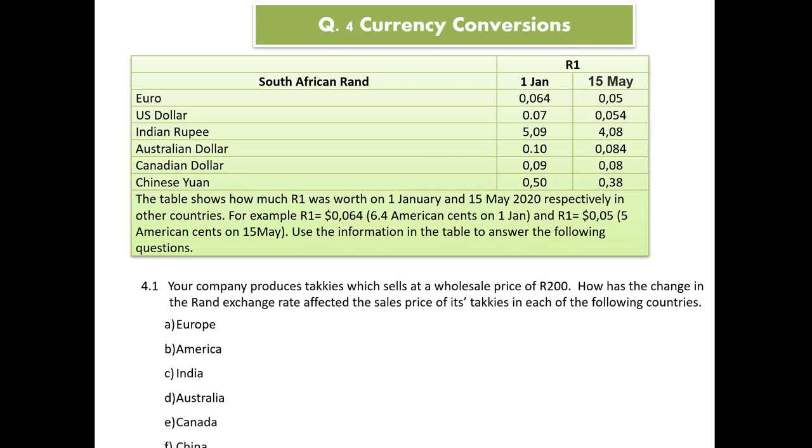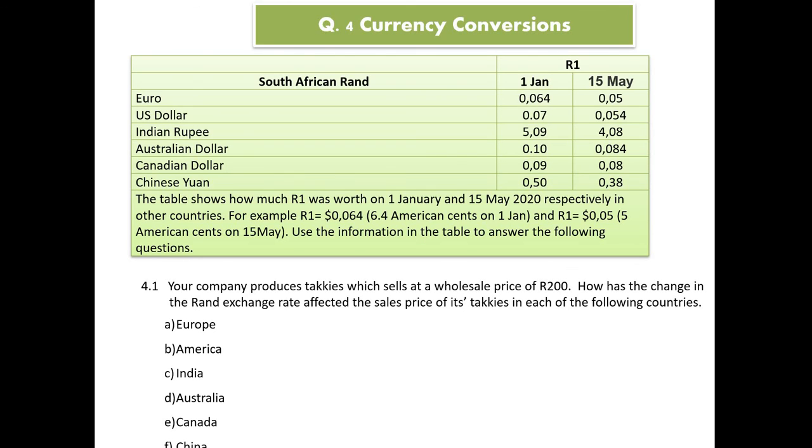For example, one South African rand was worth 6.4 European cents on the 1st of January, and it reduced its value to 5 European cents on the 15th of May. And I've provided the table for all of the currencies over there. There's 2 questions. 4.1. Your company produces tackies which sell at a wholesale price of 200 Rand.